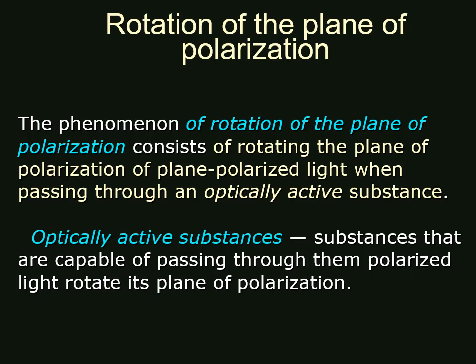The rotation of the plane of polarization consists in the ability of some substances to rotate the plane of polarization, that is, to rotate, to unfold in space, the oscillations of a light vector, provided that this medium is optically active.